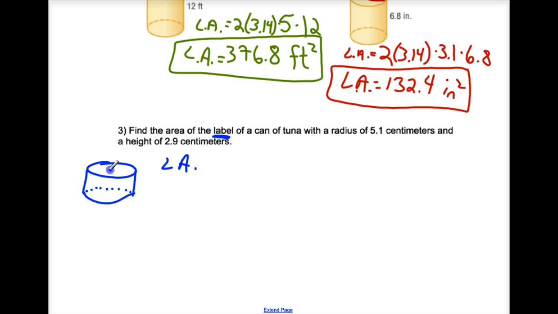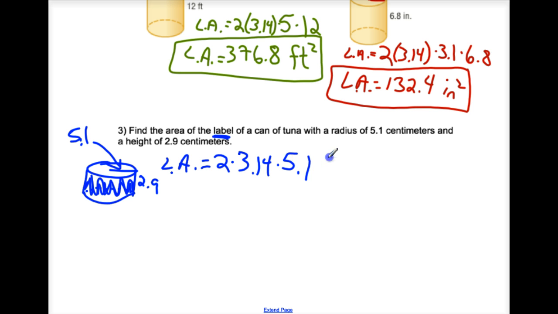We know that the radius is 5.1 and the height is 2.9 centimeters. I always like to draw pictures. And again, we're only finding the lateral area here because we only want the label, like the side. It wouldn't be the top or the bottom. All right, 2 times 3.14 times 5.1 times 2.9.